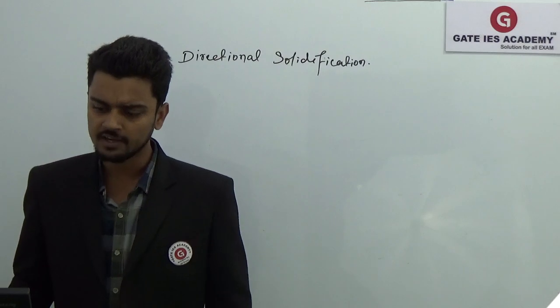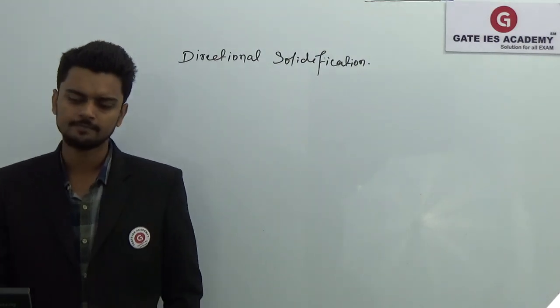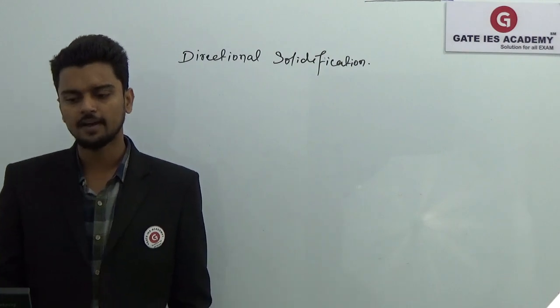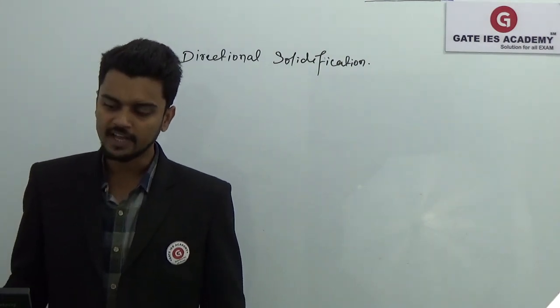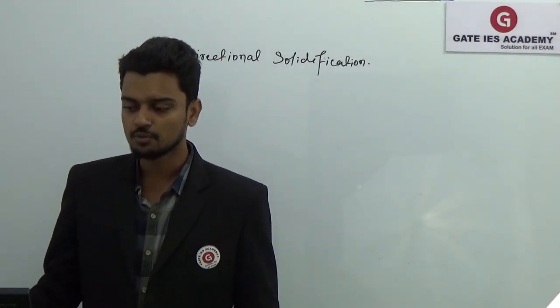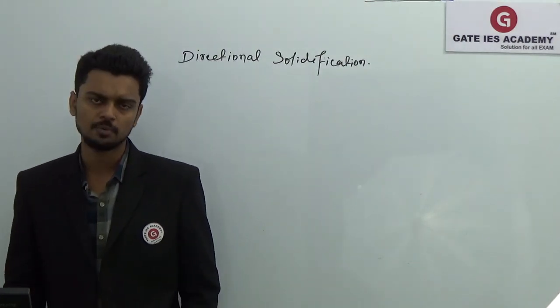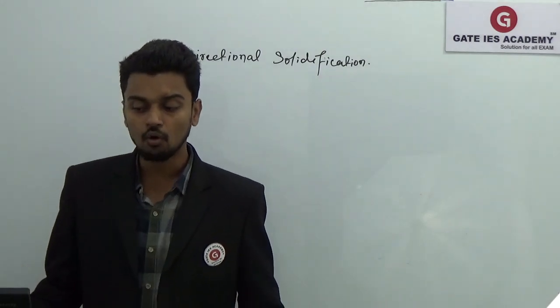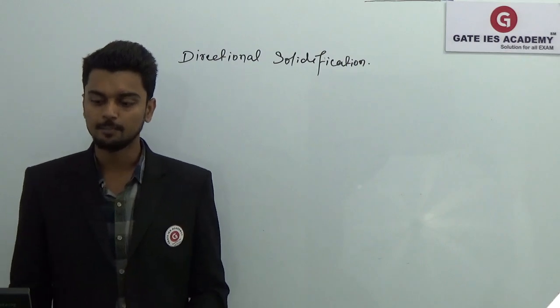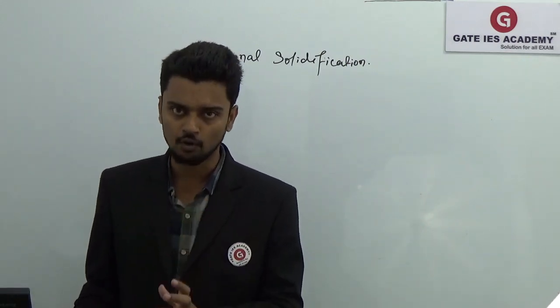This question was asked in Mechanical Engineering 2013 for 2 marks, and the question is: an aluminium alloy of density 2600 kg per meter cube casting is to be produced. A cylindrical hole of 100 mm diameter and 100 mm length is made in the casting using the sand core.